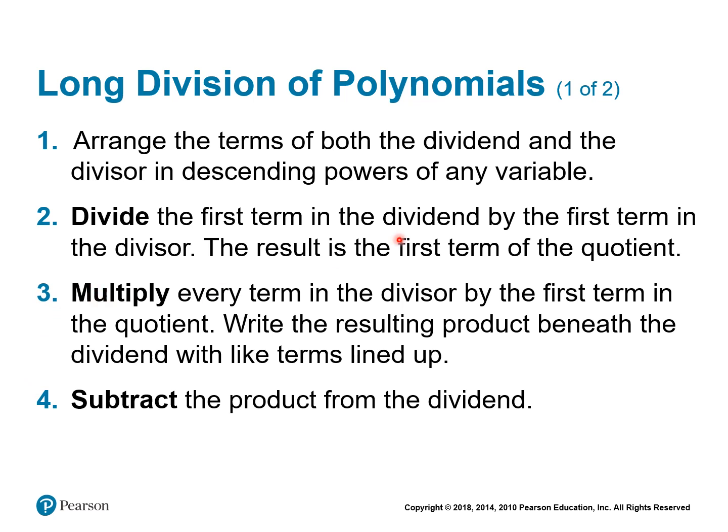And then once we got the term to put in the quotient, we multiply every term in the divisor by the first term in the quotient. Write the resulting product beneath the dividend with like terms lined up, where I was saying to make sure that the terms are aligned so it's easy for you to do the subtraction. Then subtract the product from the dividend.